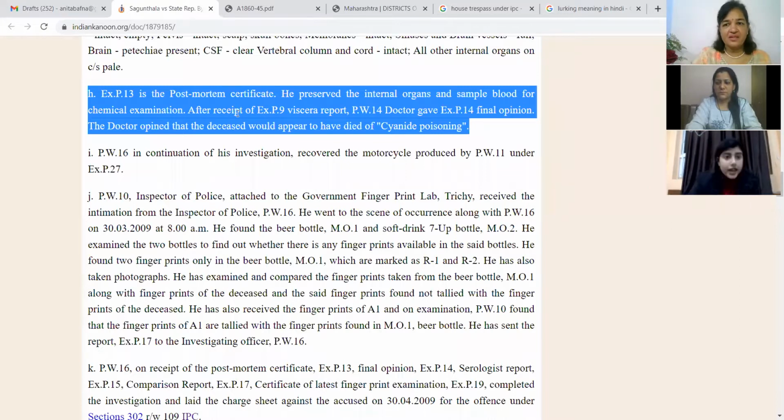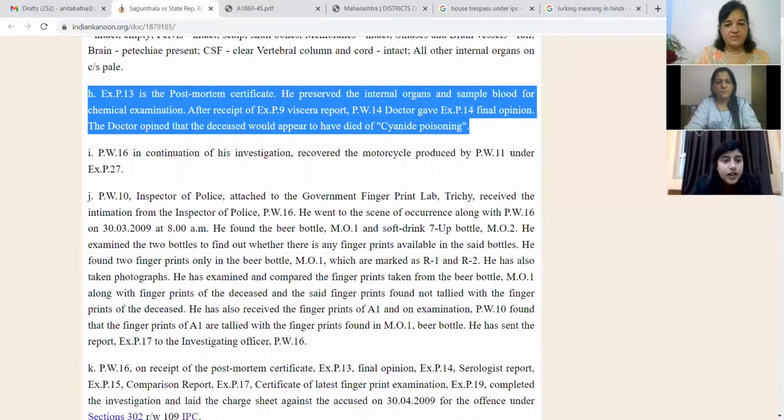Exhibit Plaintiff 13 is the post-mortem certificate. Preserve the internal organs and sample blood for examination. After receipt of Exhibit Plaintiff 9 Viscera report, prosecution witness 14, doctor gave Exhibit Plaintiff 14 final opinion.